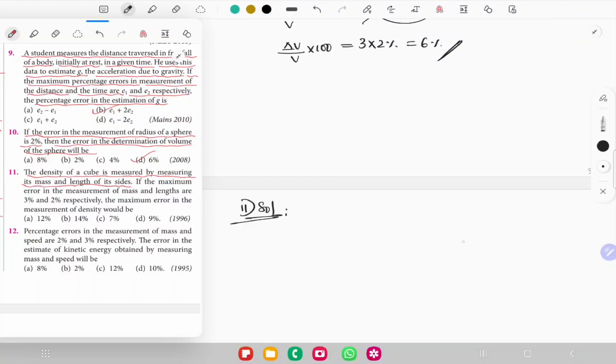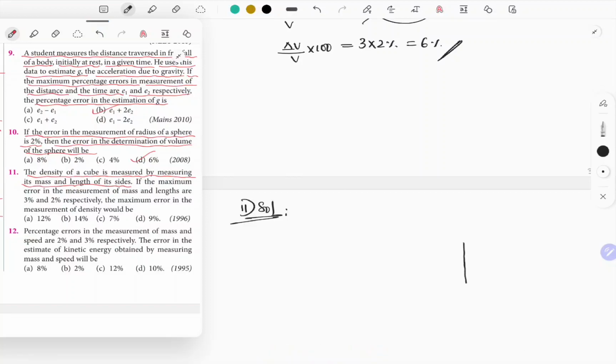First of all, let me represent that cubical representation. Let me have a cube like this, whose density is measured in terms of mass and length of its sides.